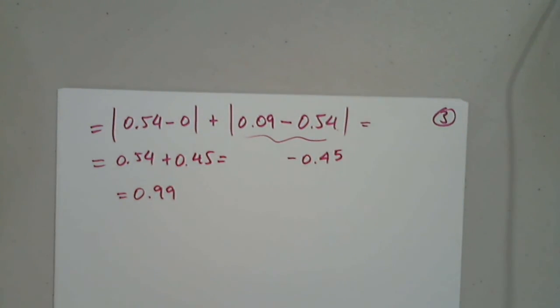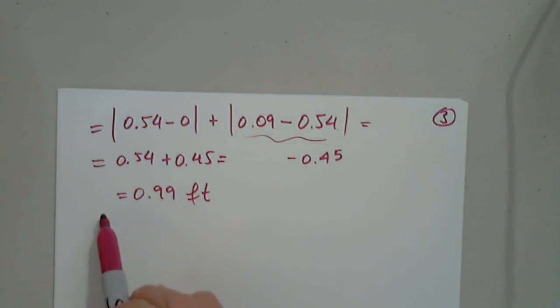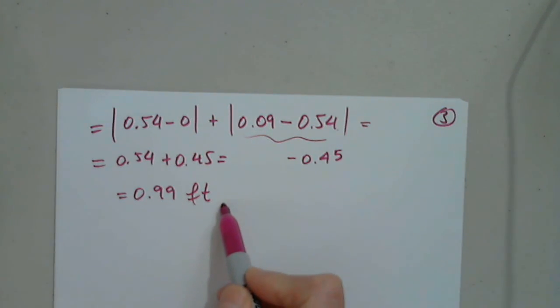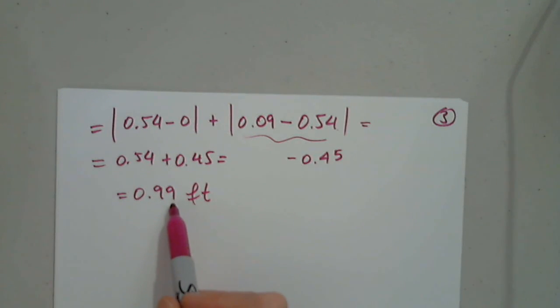Measurement unit. Can anyone give us the measurement unit? Feet. Of course. Absolutely, this is feet. So in the first 6 seconds, the particle went 2 seconds this way, 4 seconds this way, and the total distance covered was 0.99 of a foot. Okay, very good. Moving on.